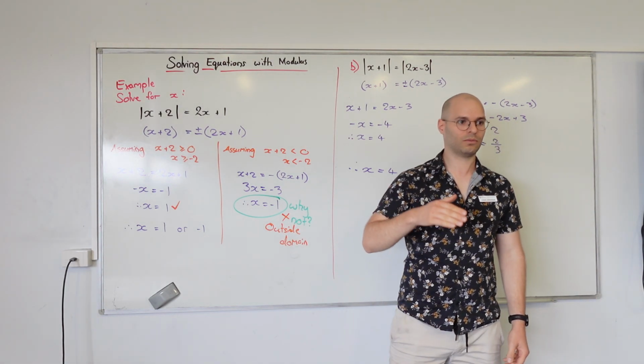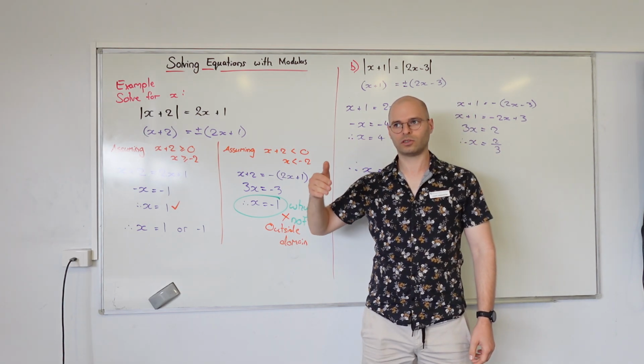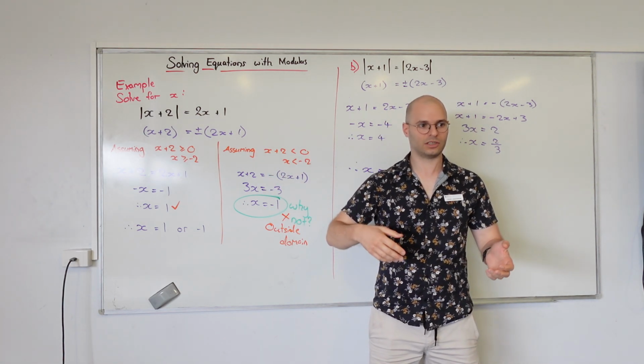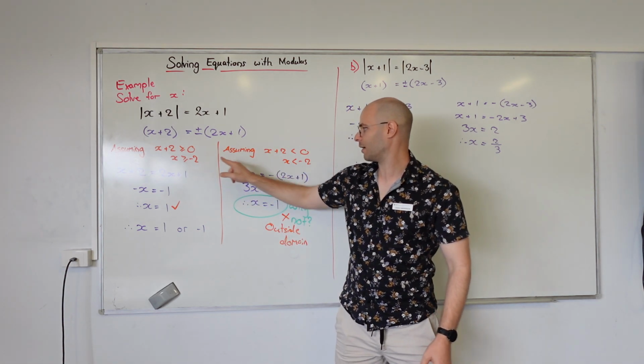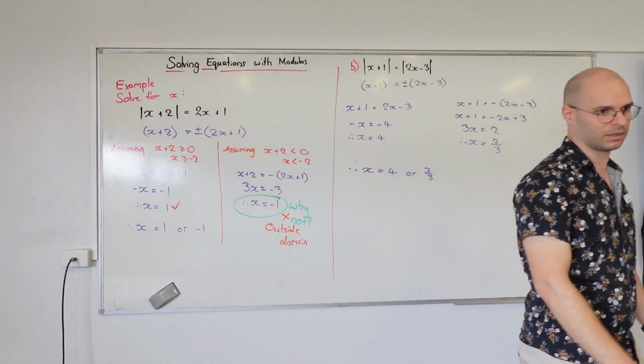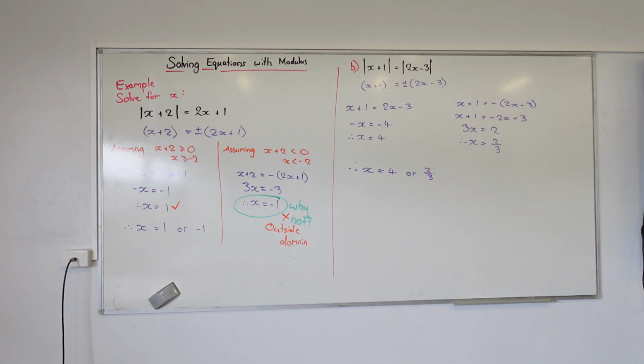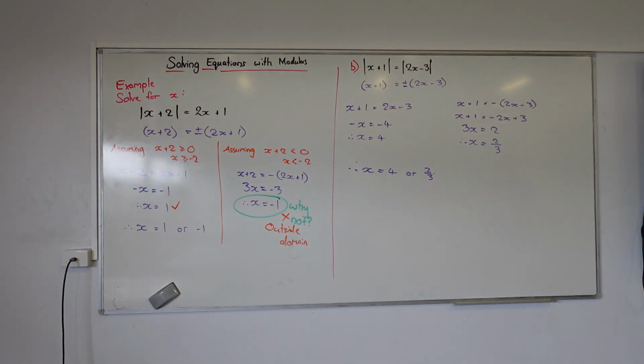Do you remember when I was saying when you have the modulus of x and you're trying to get rid of it, you just sub in positive x and then you sub in negative x? This is the step that doesn't say in the textbook. This is the step we just forget about. But that's why we're making an assertion that the expression we're pulling out of the modulus is either greater than or less than.